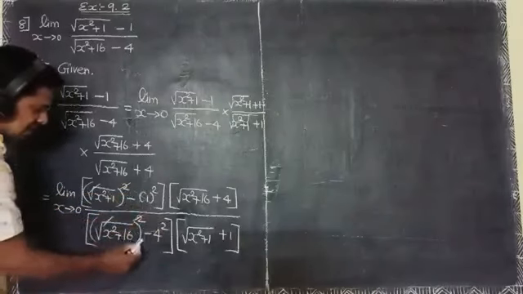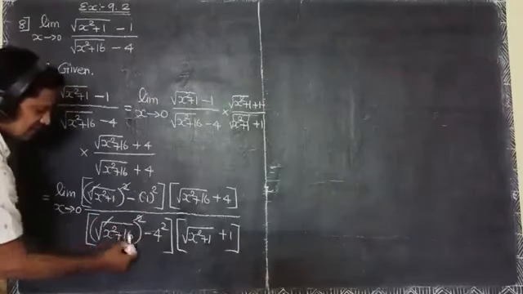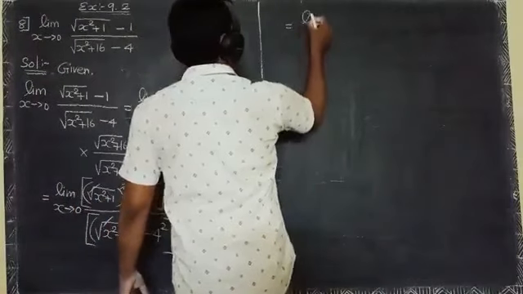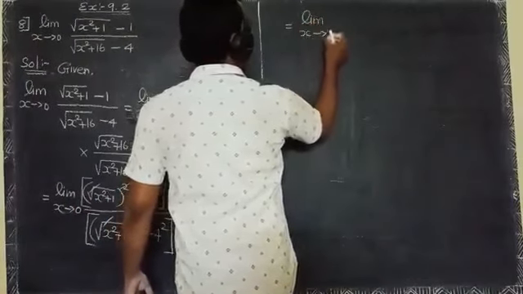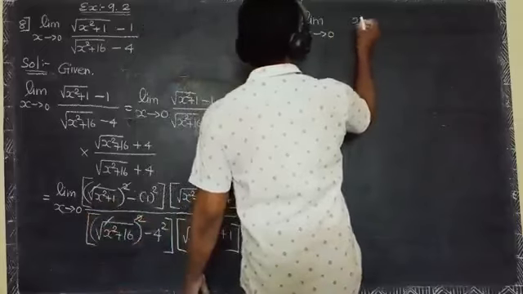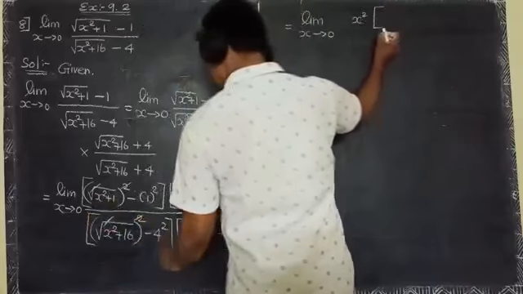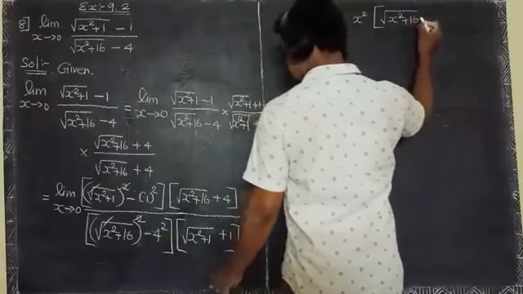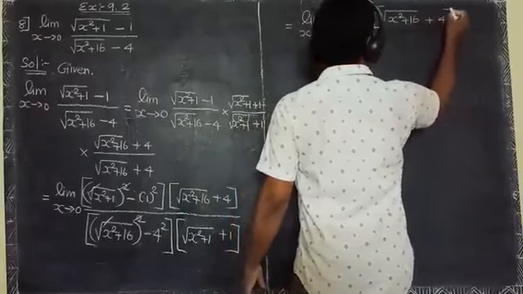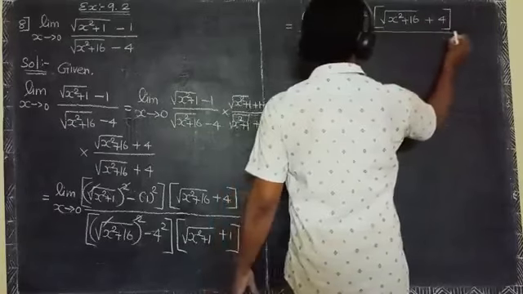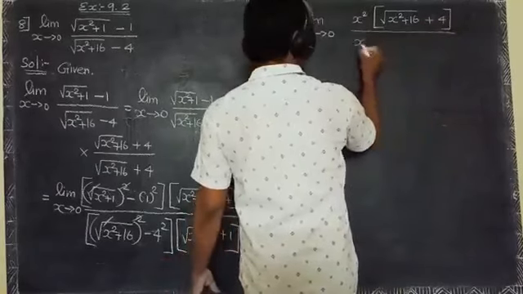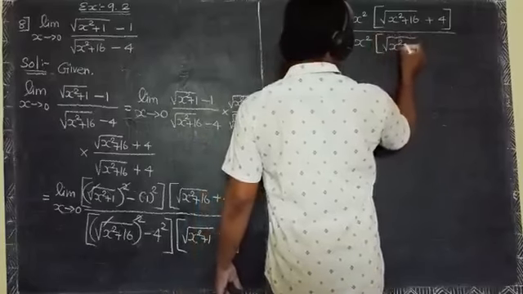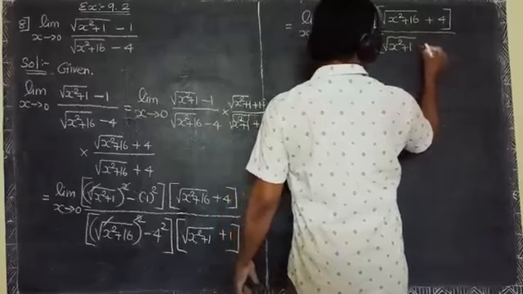Then in the denominator, minus 4 squared is minus 16, plus 16 minus 16 cancelled. Then the remaining is limit x approaches 0, numerator is x² into square root of x² + 16 plus 4, divided by denominator x² into square root of x² + 1 plus 1.